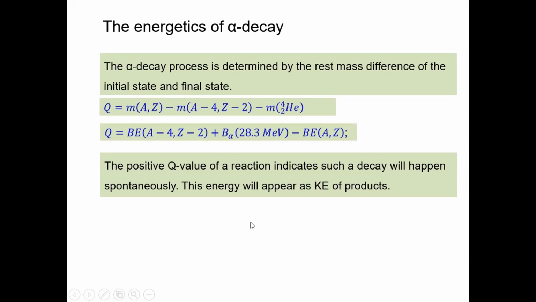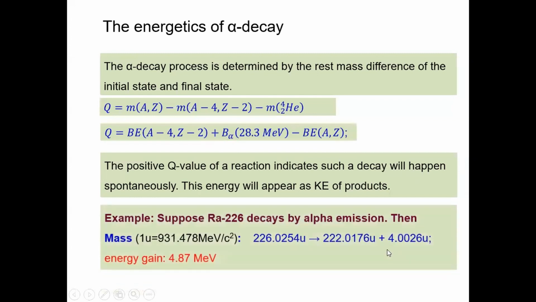In terms of the binding energy, it is basically the binding energy of the products which must be large compared with the binding energy of the original parent element, and the binding energy of the alpha particle. The positive Q value of the reaction indicates that such a decay will happen spontaneously, and the energy will be released as the kinetic energy of the products.